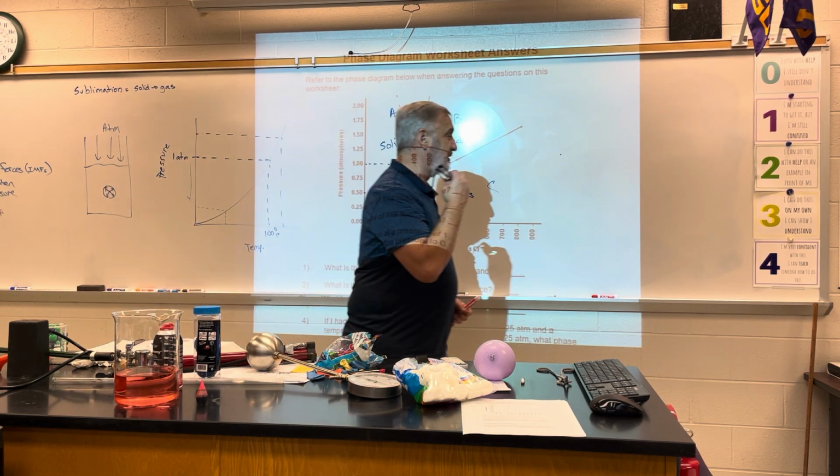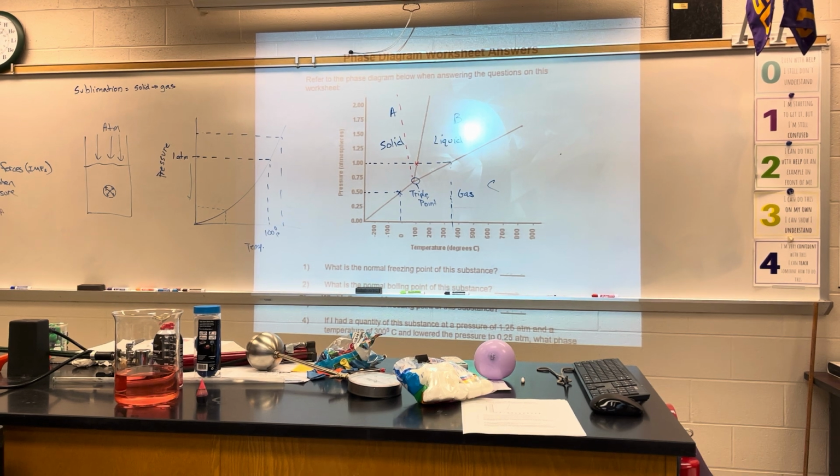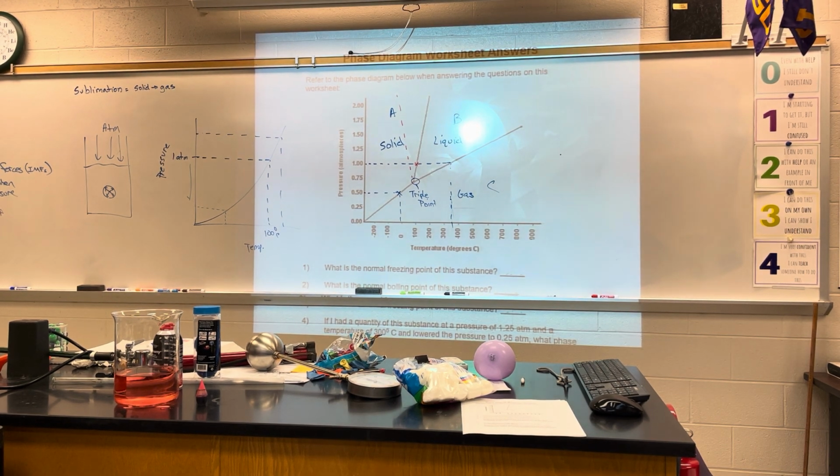Number 3, John, I want to keep the graph up there. If I had a quantity of this substance at a pressure of 1.25 atmospheres and a temperature of 300, and lower the pressure to 0.25 atmospheres, what phase transition would occur?